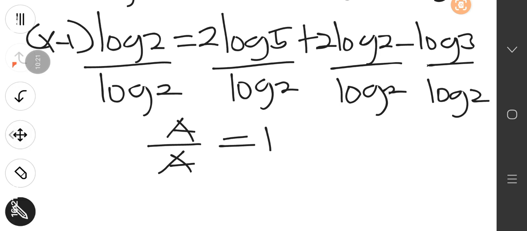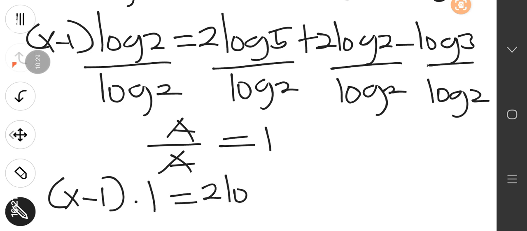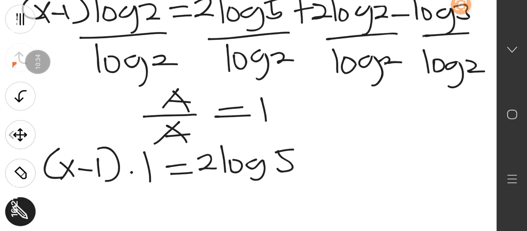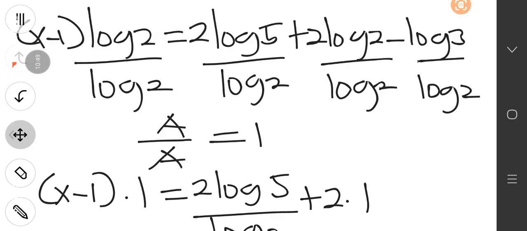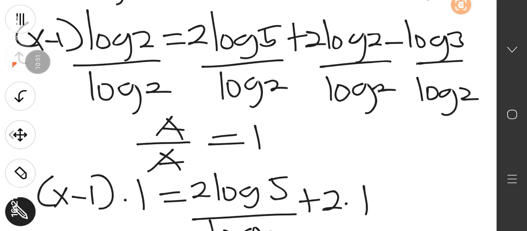So this is the same as x minus 1 times 1 equals 2 log 5 over log 2 plus 2 times 1. You can see log 2 over log 2 gives us 1.